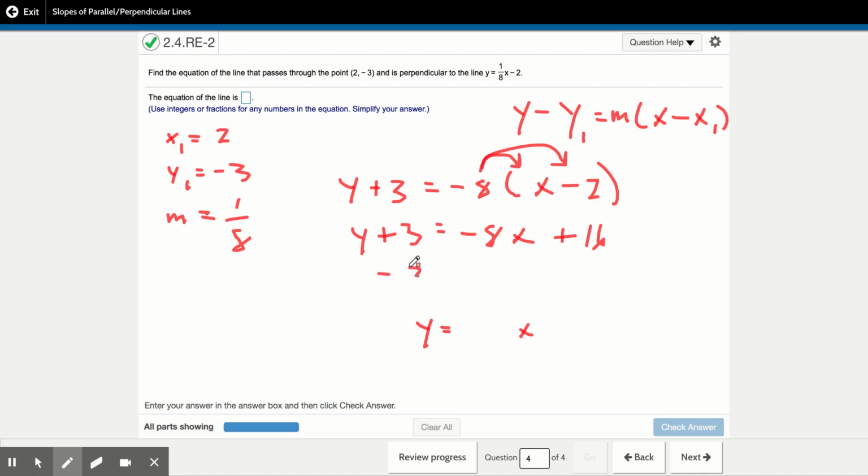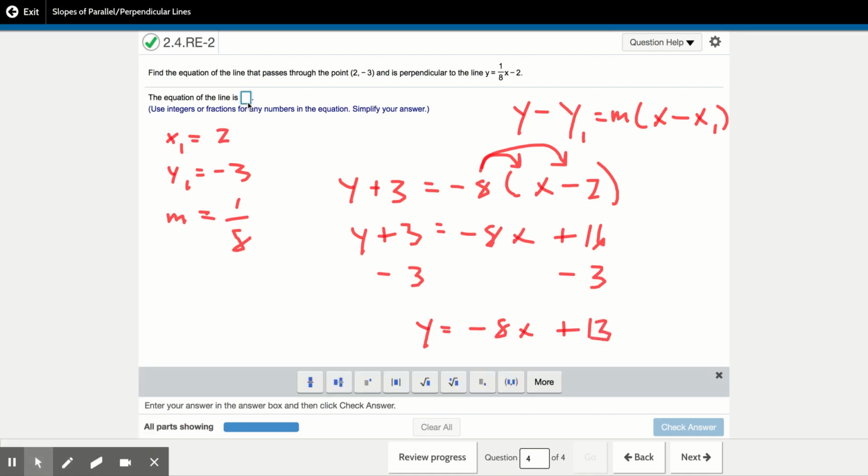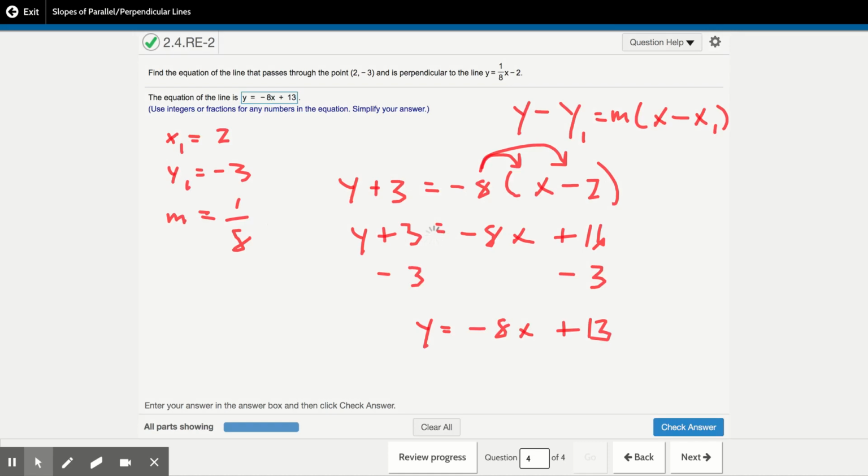I subtract 3 from both sides, and then I'm left with y equals -8x plus 13. So then I type that into the dialog box. y is equal to -8x plus 13 is our answer.